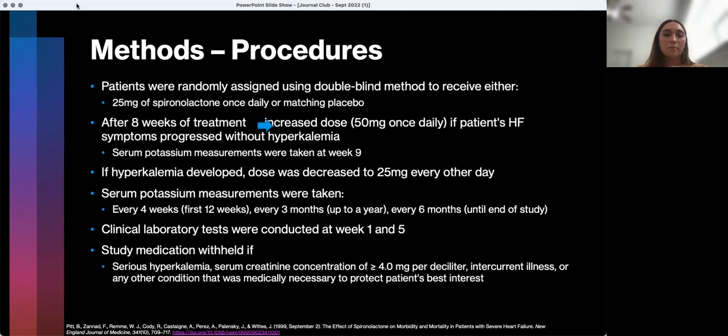It's also important to mention that the study medication was withheld if there was, once again, serious hyperkalemia, or if the serum creatinine level was 4 milligrams per deciliter or higher, or if there was an intercurrent illness or any other condition that was medically necessary to protect the patient's best interest.